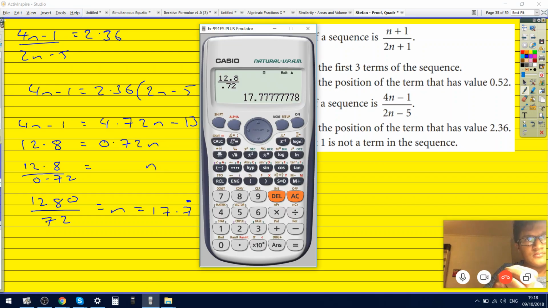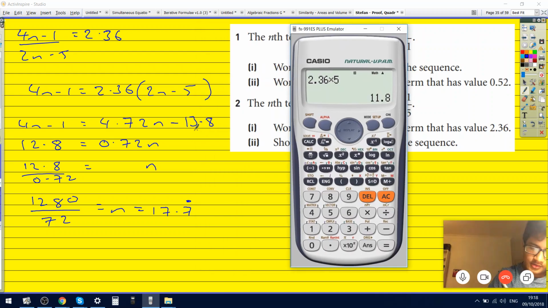Let's just check. 4.72 looks good. 2.36 times 5 is probably wrong, as it's 11.8. And so then it would be 10.8 on the top. Sorry, yes, 10.8 on the top. There you go.